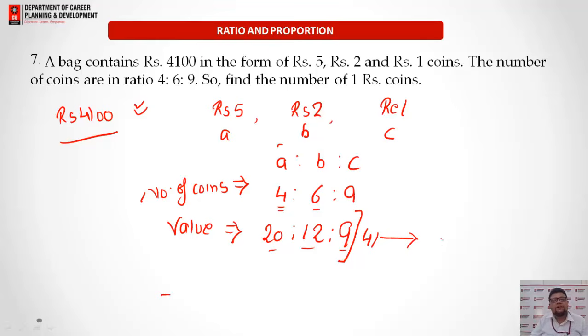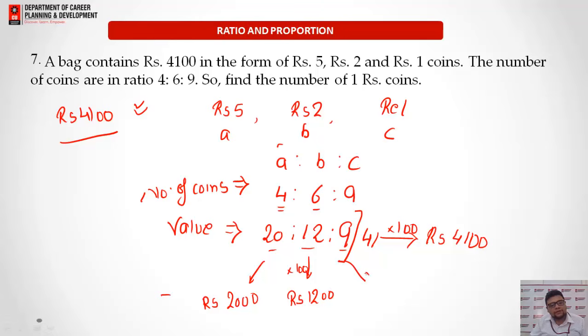So these 41 parts will represent rupees 4100. So multiply this by 100. So there is a total of 2000 rupees of 5 rupee coins, 1200 rupees of 2 rupee coins and a total of 900 rupees of 1 rupee coins.